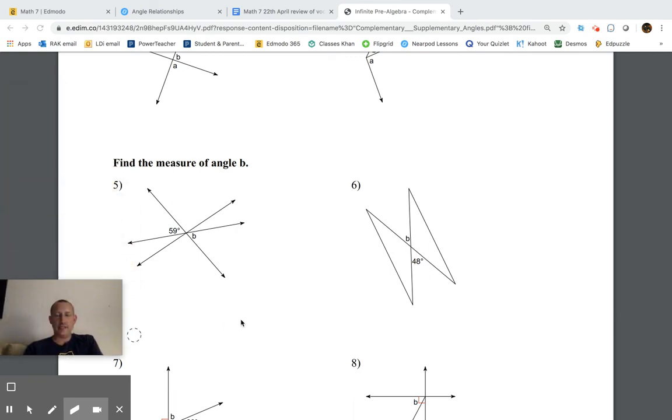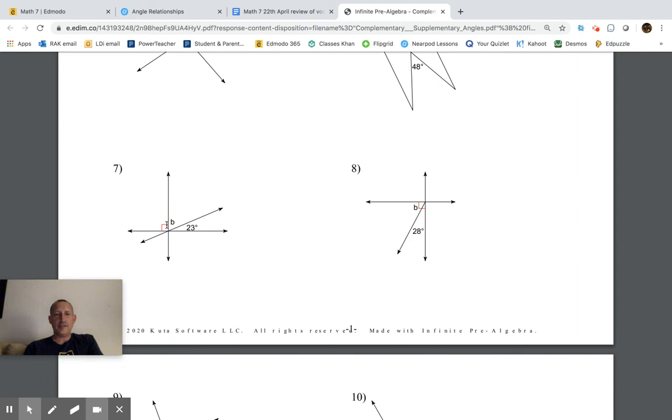Now let's look at these. These are called complementary because the two of them add up to 90 degrees. This is 90 degrees over here, which means that B and 23 also have to add up to 90 degrees. So we can make a little equation, just like this.